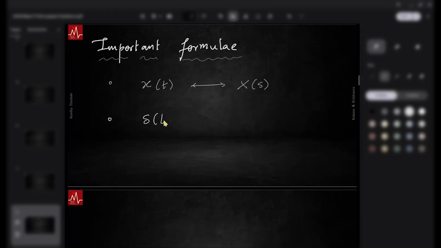What does delta of t transform to? This is what we call a spike. One thing that most of you may have to remember: delta of t transforms to 1.